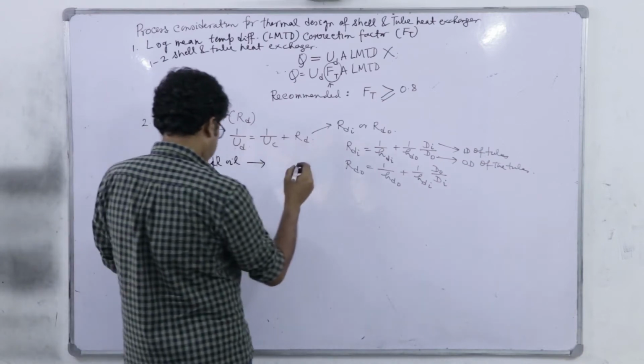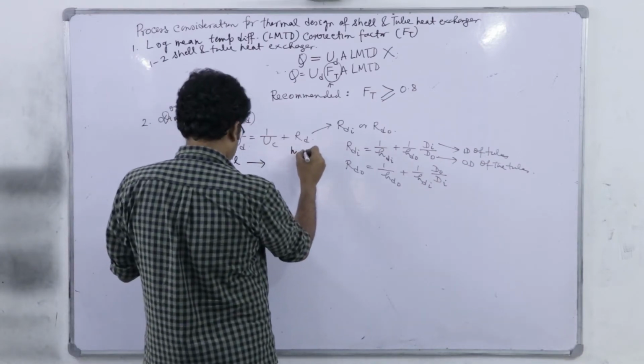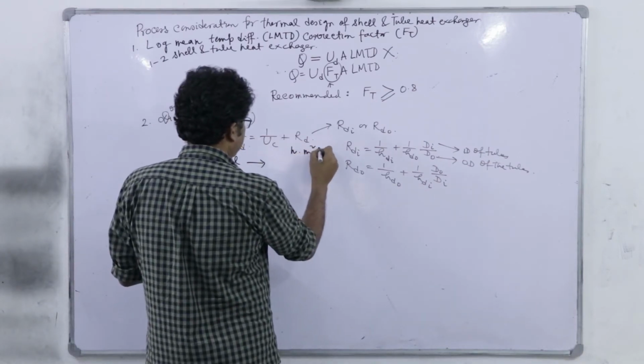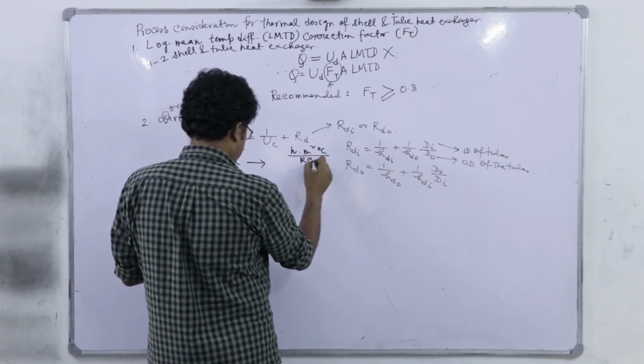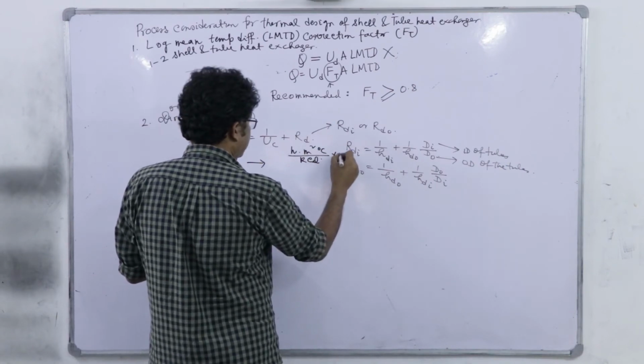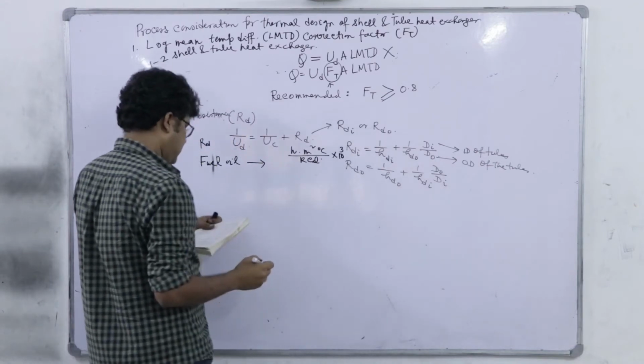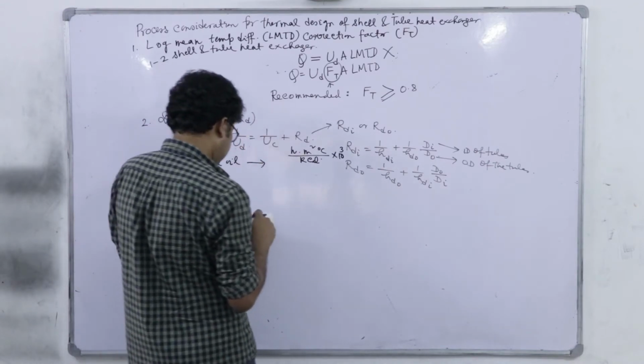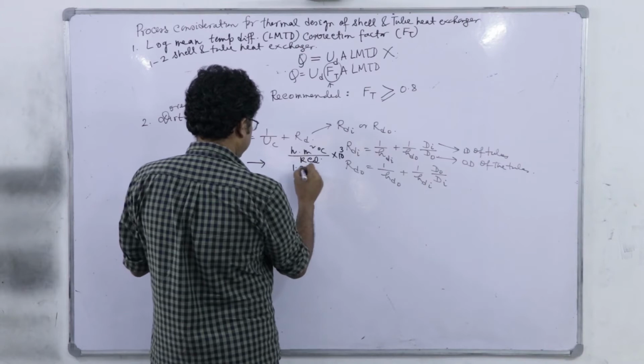If I use Rd in hour per meter squared degree Celsius by kilocalorie into 10 to the power 3, fuel oil has a value of 1.024.